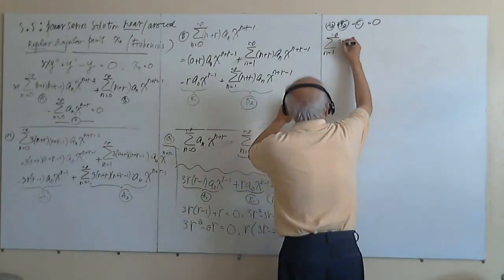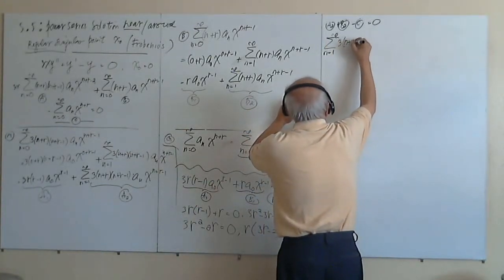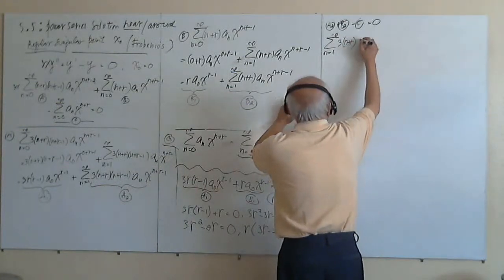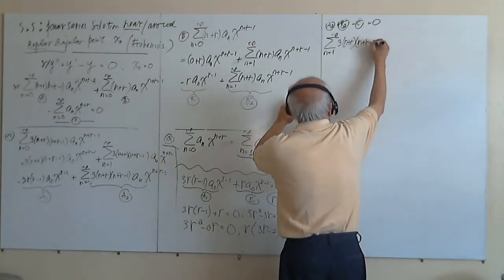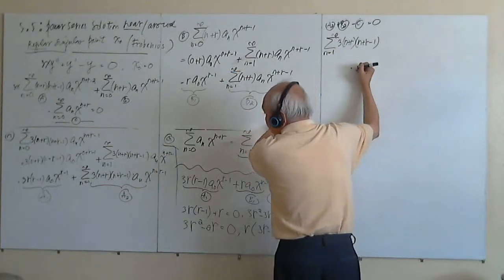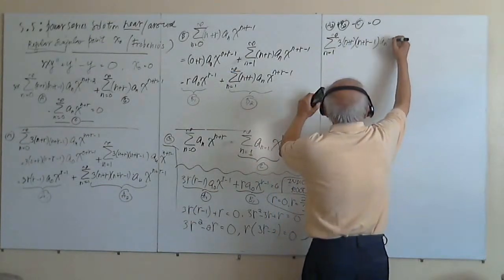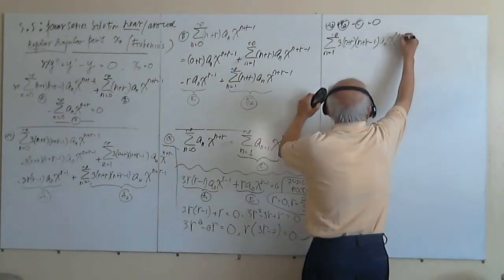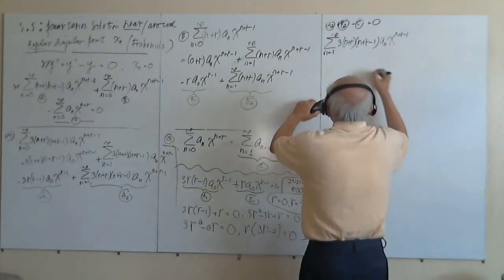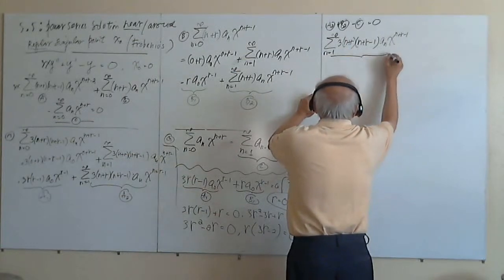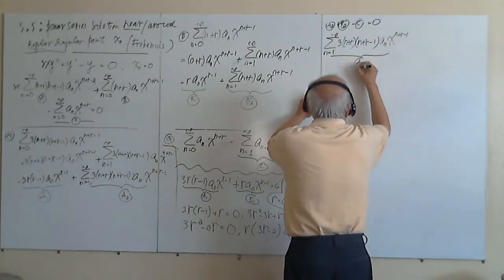So I got 3n plus r, and then n plus r minus 1, and then a sub n, and then x to the n plus r minus 1. Right. So this one is what they call A2.